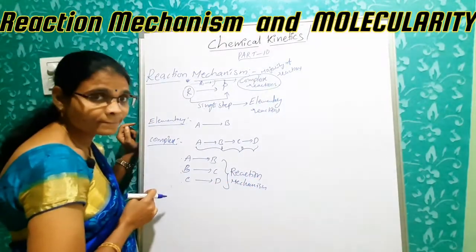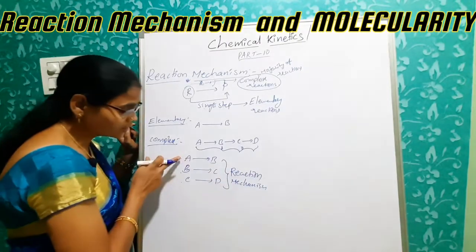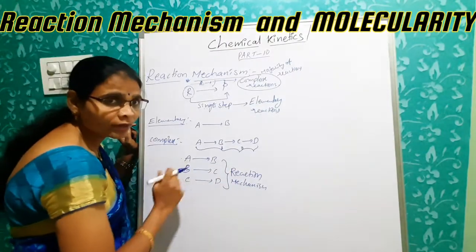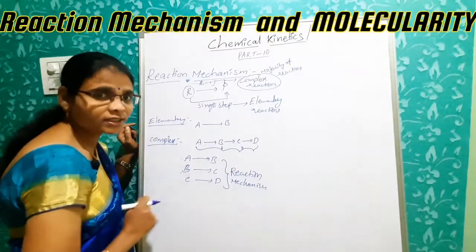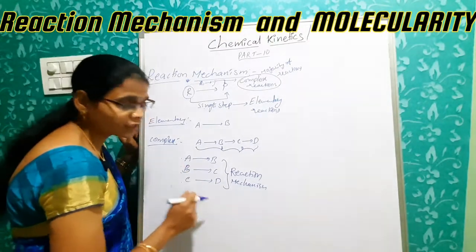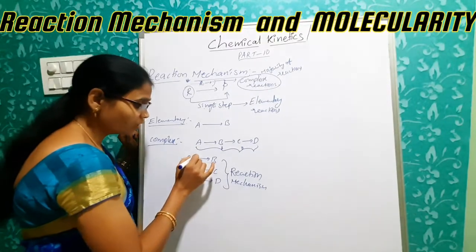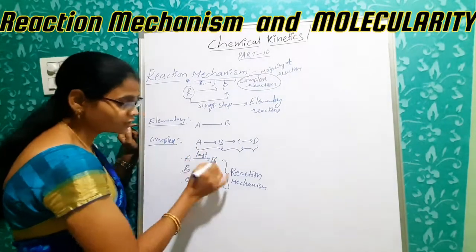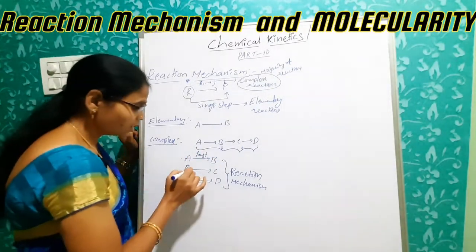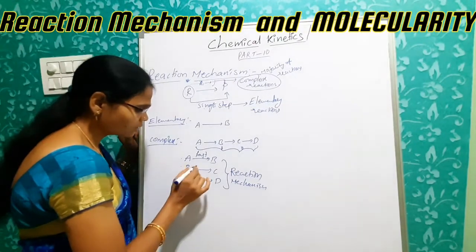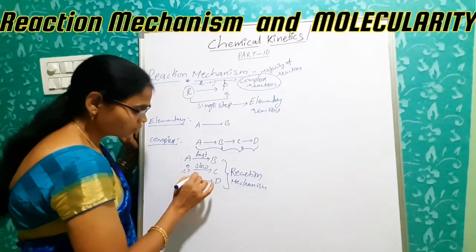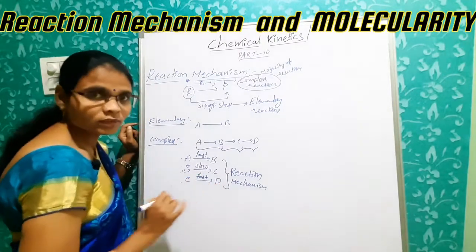Okay. In the reaction mechanism, each reaction goes one by one with different rates. Different rates means different speeds. So one is slow, one is fast. Suppose for example A gives rise to B, fast reaction. Then B gives rise to C, slow reaction. Then again fast. Listen to me carefully.